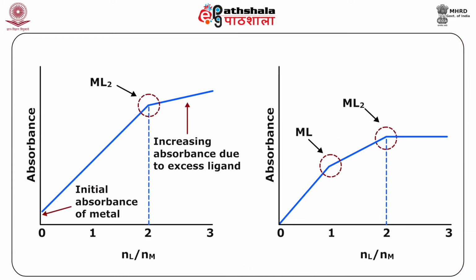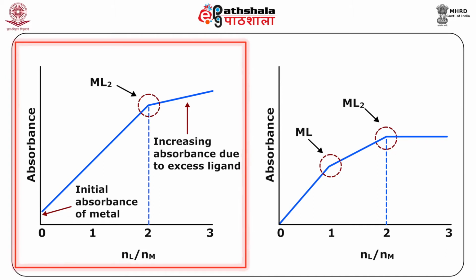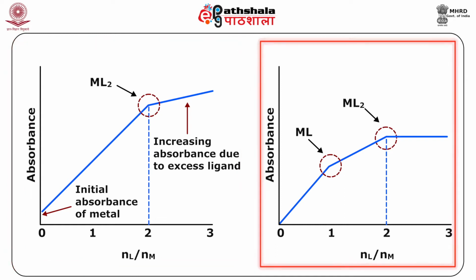Figure 2 represents the mole ratio plot for the formation of (A) a 1:2 complex with excess of ligand and (B) the stepwise complex formation with increasing the mole fraction of the ligand.